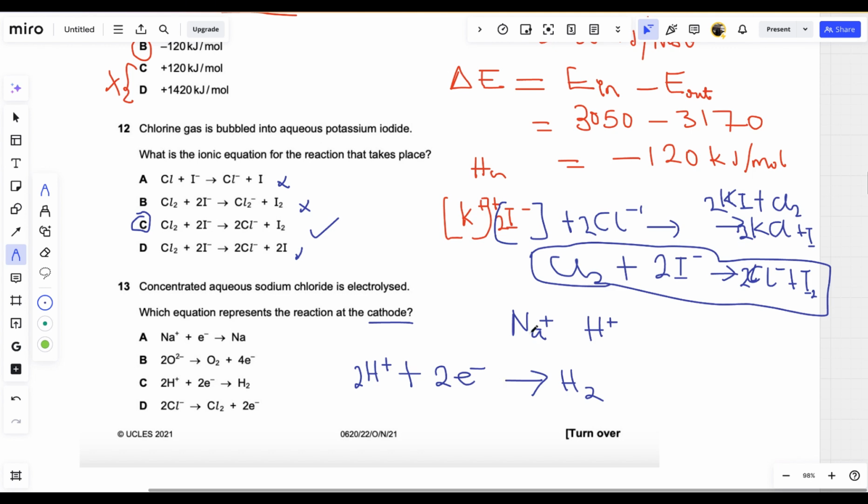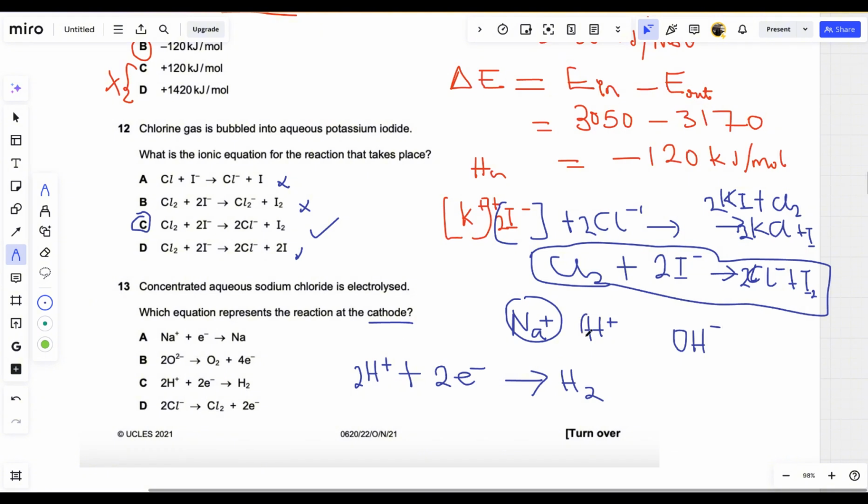Sodium will stay behind and probably react with the hydroxide, OH ion, the negative ion, to produce sodium hydroxide, which is alkaline. So the OH ion will react with the remaining sodium that didn't go to produce sodium hydroxide.